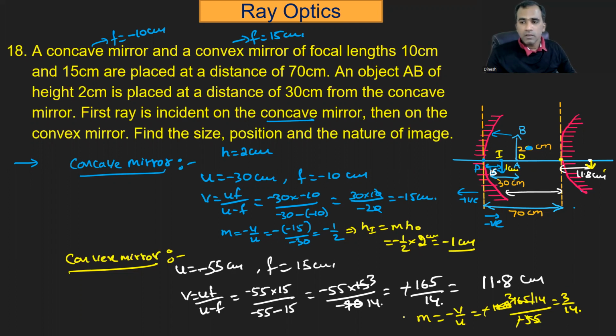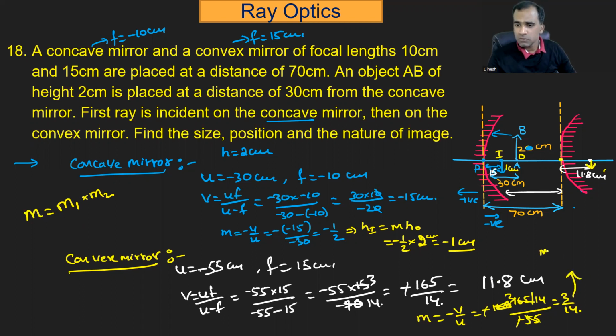Okay. Now they can ask us what is the total magnification after this first image and the second image. What is the total magnification factor? Whenever you are talking about magnification factor, find the magnification of the first mirror and multiply with the magnification of the second mirror. As simple as that. Or here, what is the size of the object?